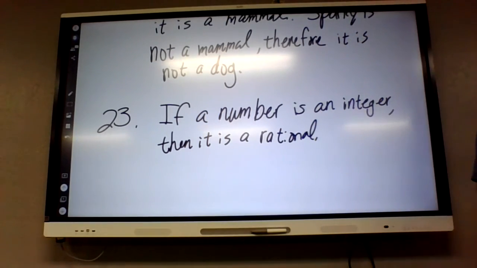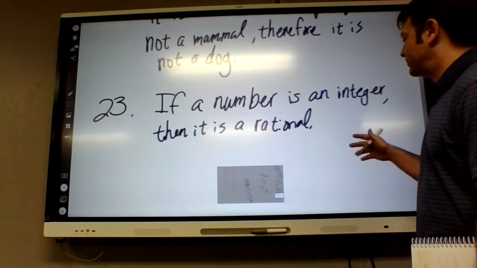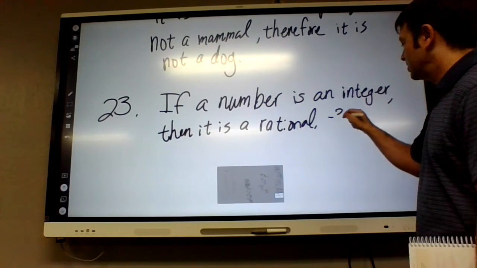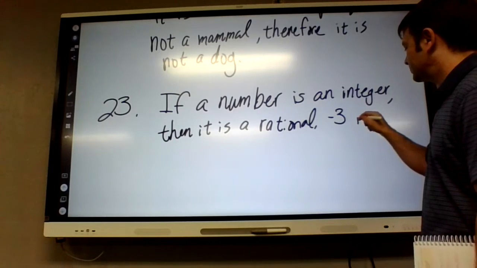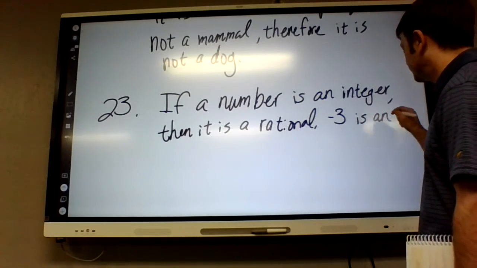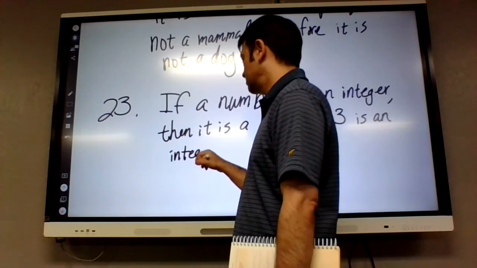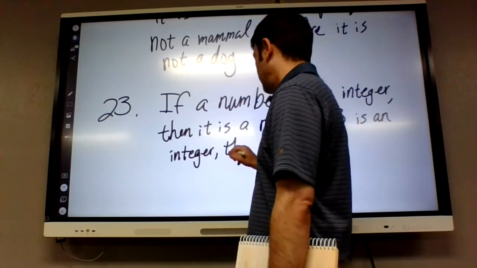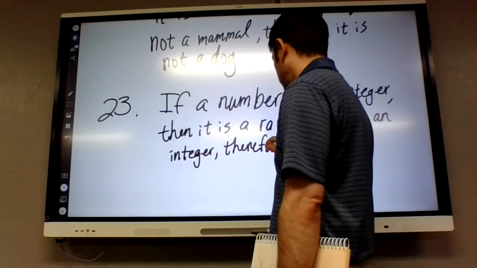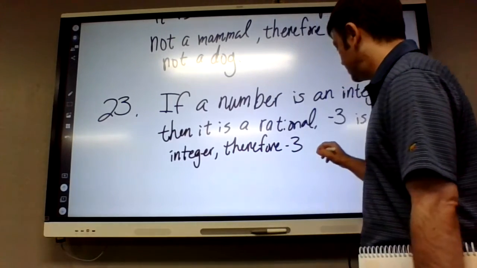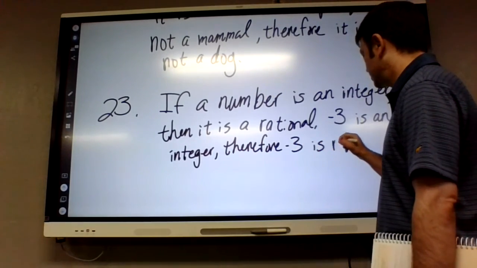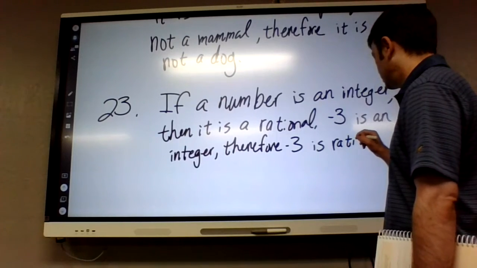Because -3 is an integer, it's also rational because you can write it as -3 over 1. So what are we supposed to say about -3? -3 is an integer. Therefore, -3 is a rational number.